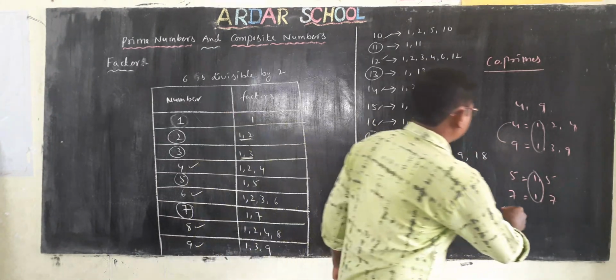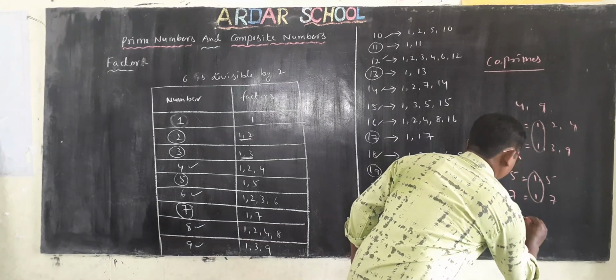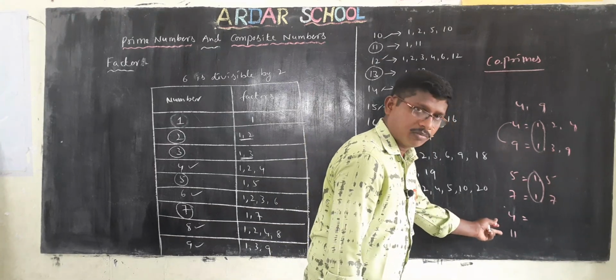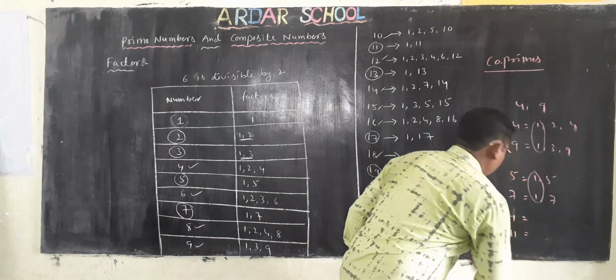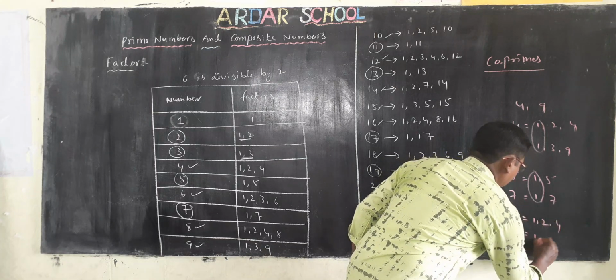In the same way, 4 and 11. 4 is a composite number, 11 is a prime number. The factors of 4 are 1, 2, 4, and of 11 are 1 and 11.